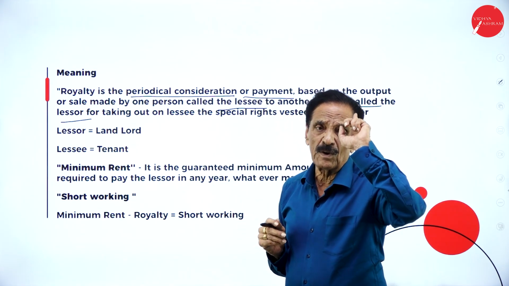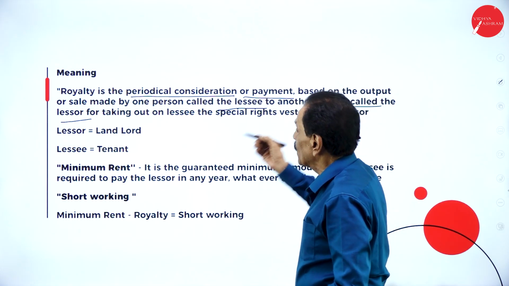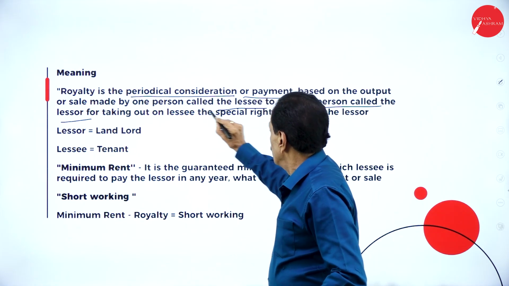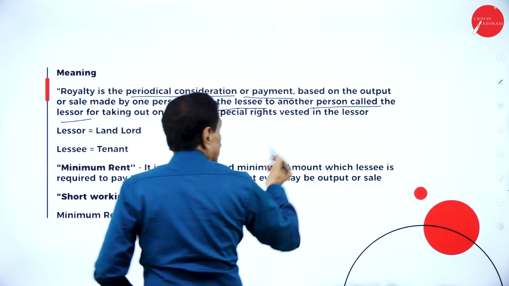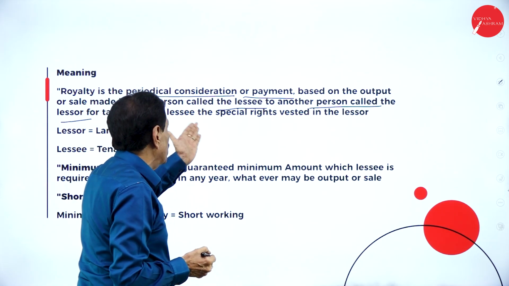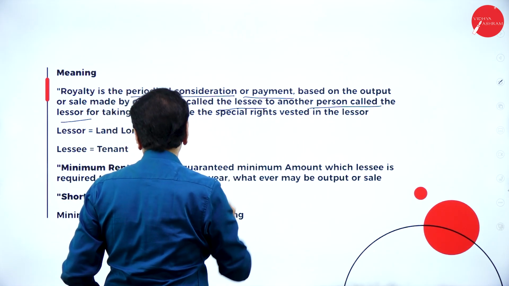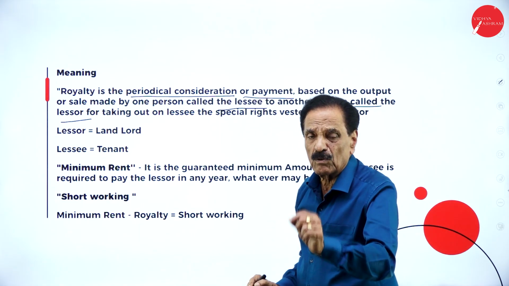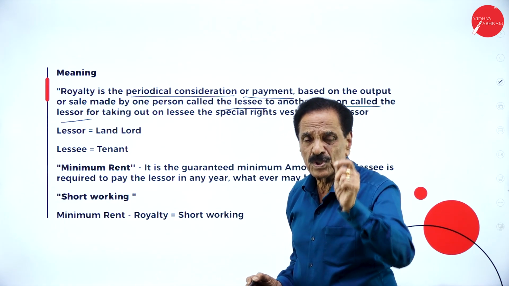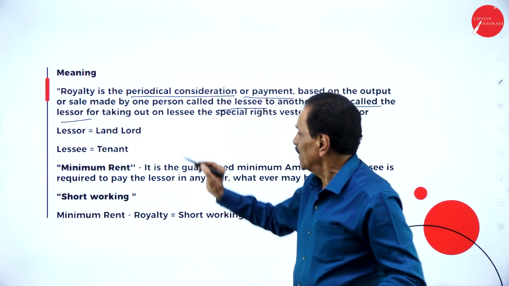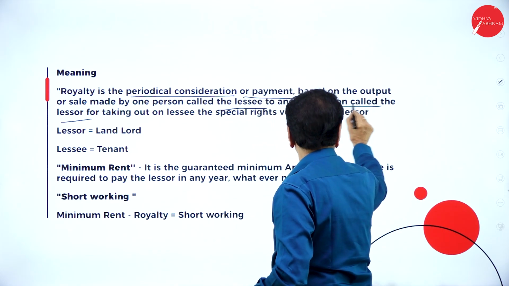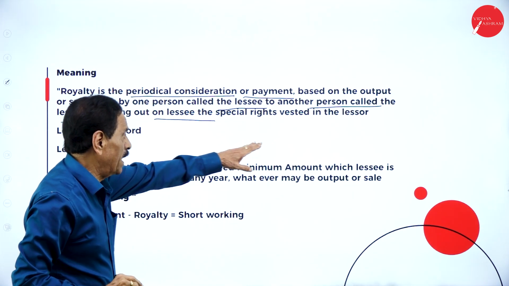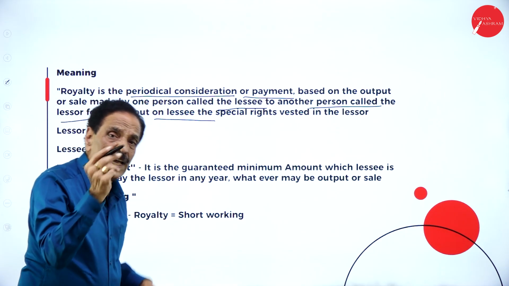It's a consideration for one year, with payment based on output or sale made by the lessee to the lessor for taking out on lease the special right vested in the lessor. Whatever the lessor has is taken by the lessee. Who takes out?